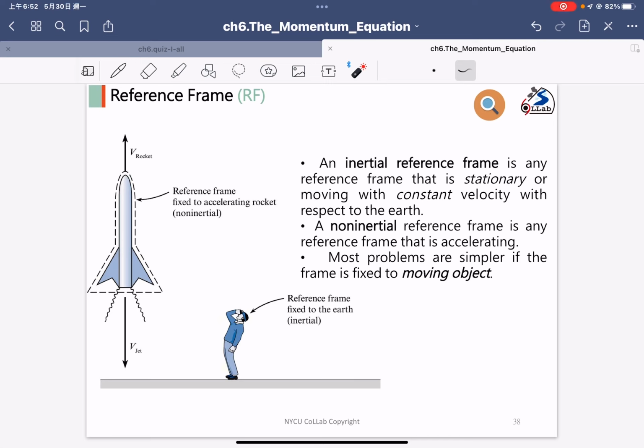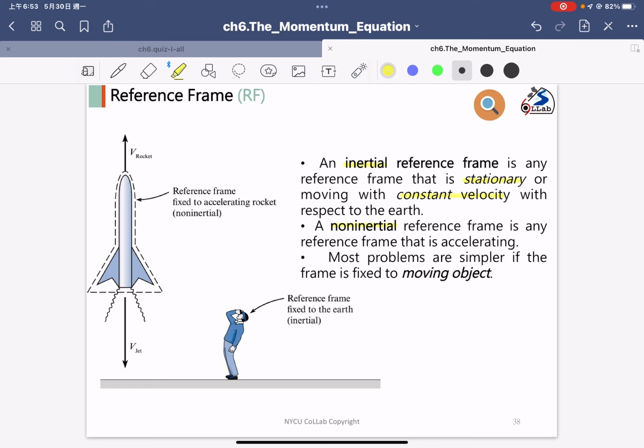And the reference frame we can usually divide into two parts, the inertial part and the non-inertial part.